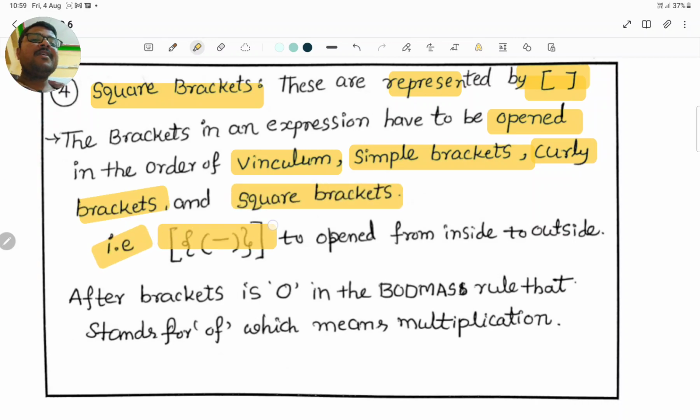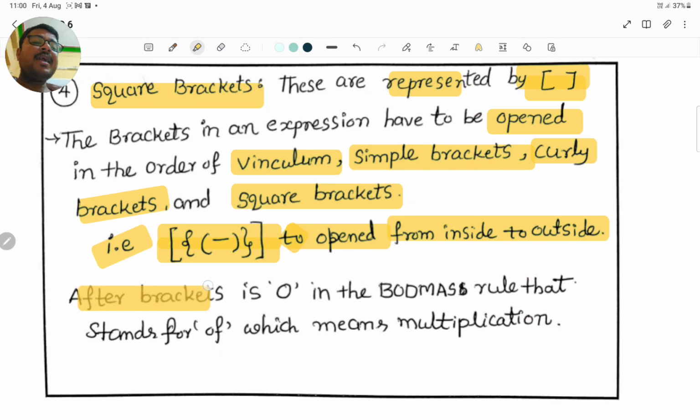That is, the innermost is the vinculum; open it first, then the simple bracket, then the curly or flower bracket, and last the square bracket. We open from inside to outside. After brackets comes O in the BODMAS rule, which stands for of.